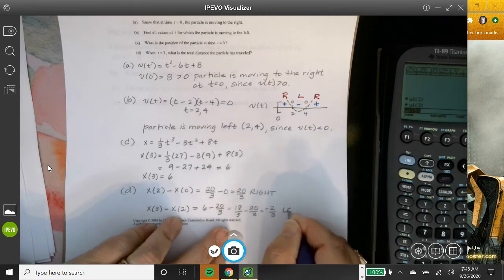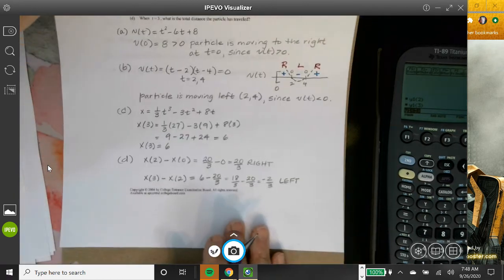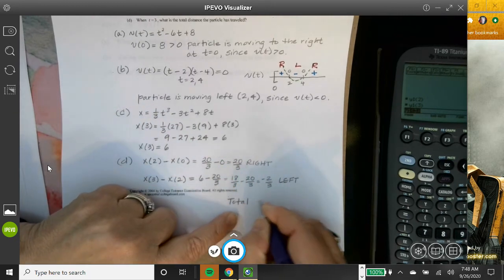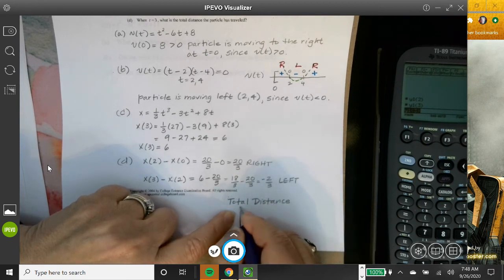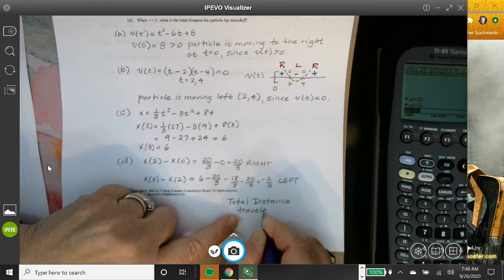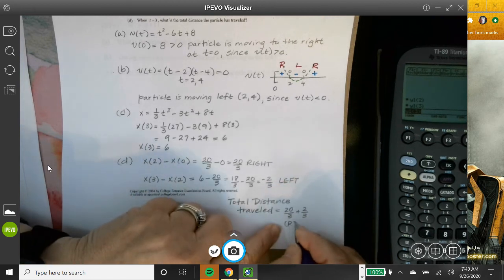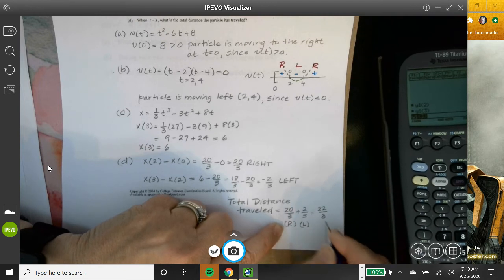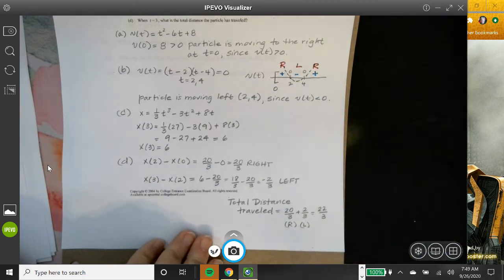So I moved that far left. What's the total distance traveled? I add the absolute value of this to this: 20 over 3 plus 2 over 3. So I moved this right and this left, and the particle traveled 22 over 3. That's how you would figure that out.